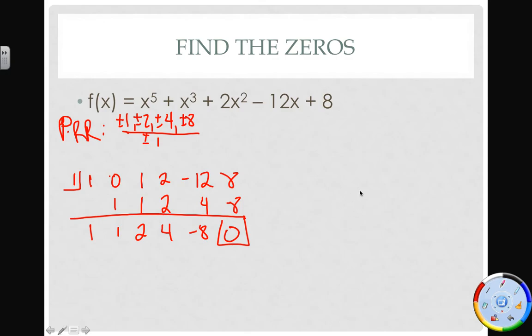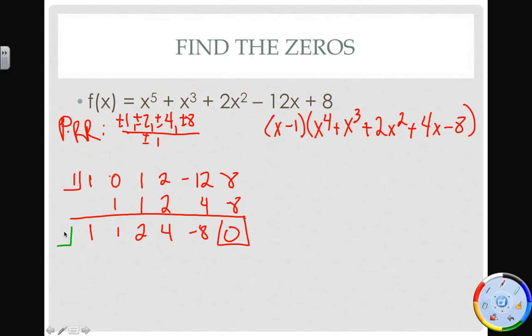Now, here's the issue. All you've determined is this is now x minus 1 times x to the 4th plus x to the 3rd plus 2x squared plus 4x minus 8. Which means now you have to keep going with synthetic division.